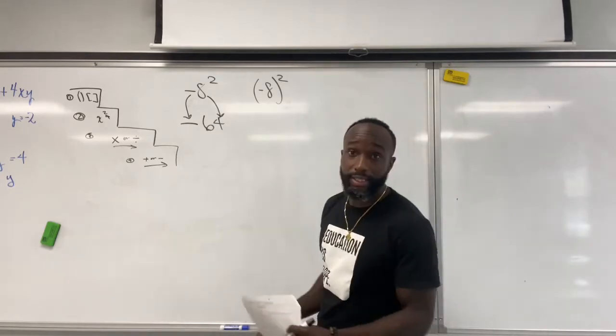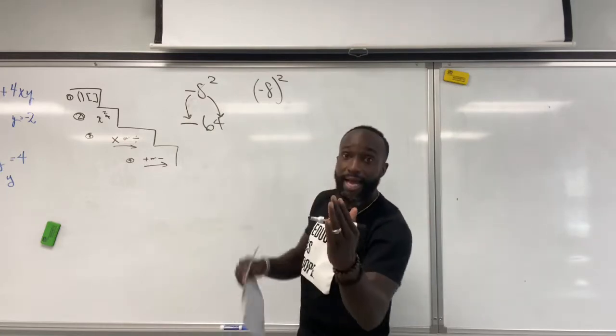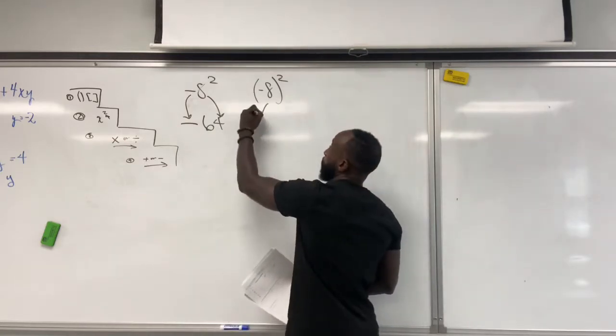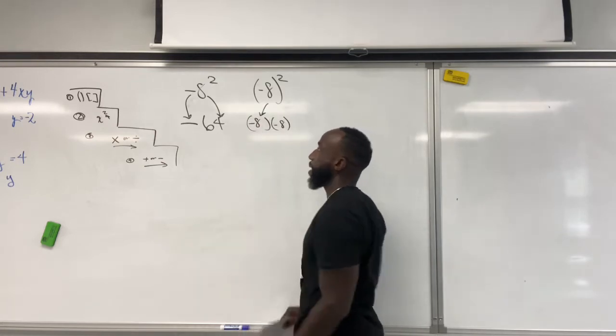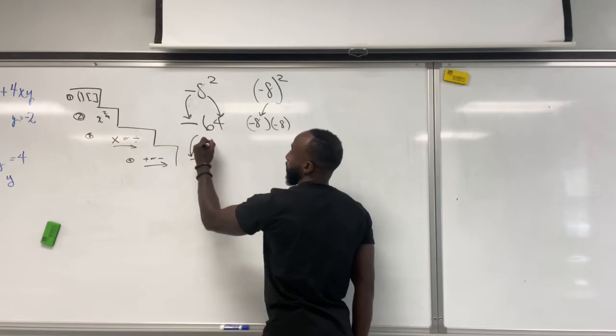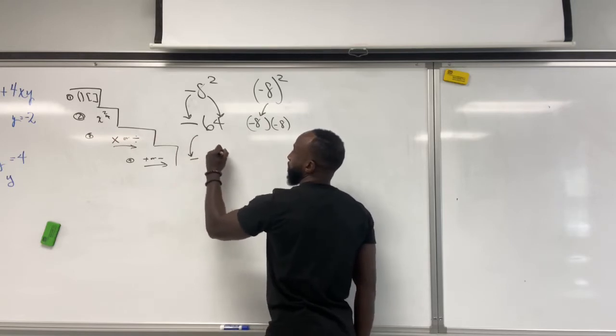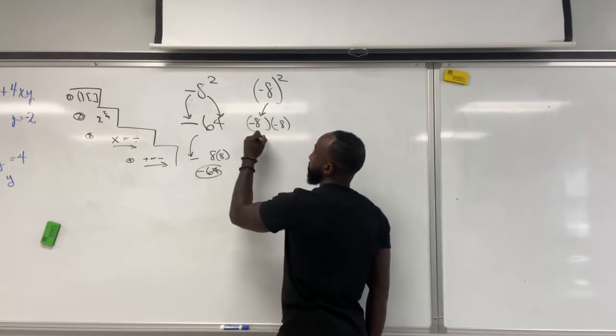When there is a parentheses, the -8, the negative sign and the 8, move together. So you have -8 times -8 here, whereas here the negative sign did its thing, and then the 8 multiplied into itself, and then they came together. So there's the difference.